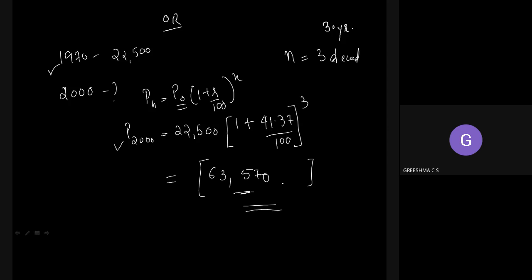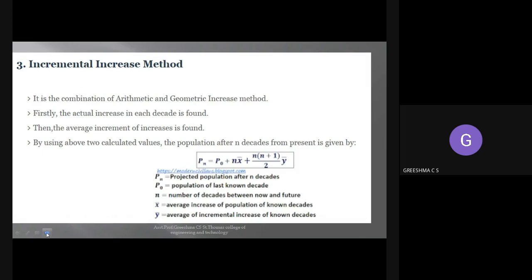Finally, the next method, the incremental increase method. Note the equation for this method: Pn is equal to P0 plus N x bar plus N into N plus 1 by 2 into Y bar.